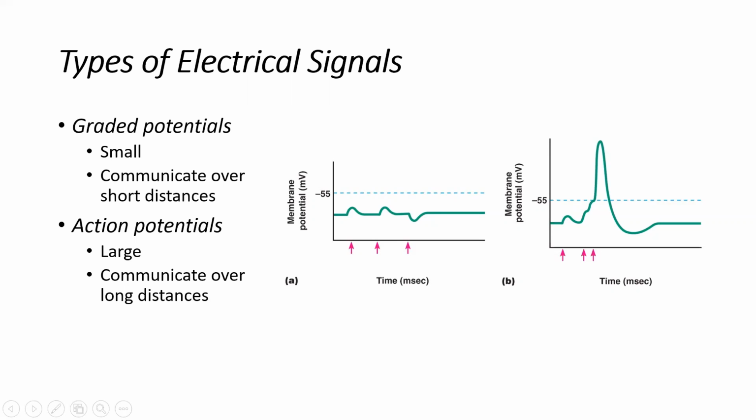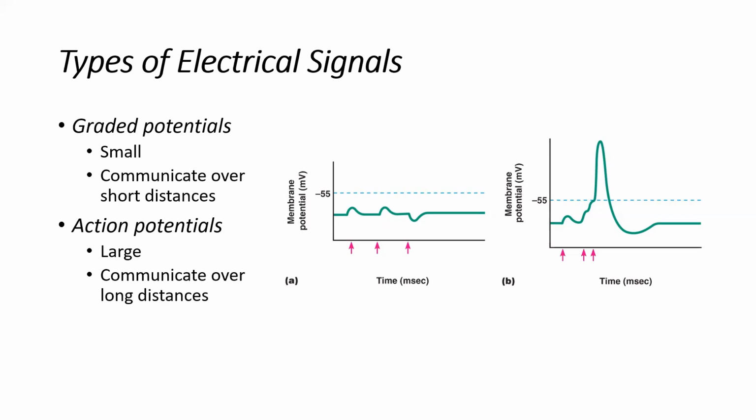Action potentials, on the other hand, are larger, more influential, more meaningful membrane potential changes that are sustained. They're maintained for a fixed duration of time, as well as over a long distance physically.